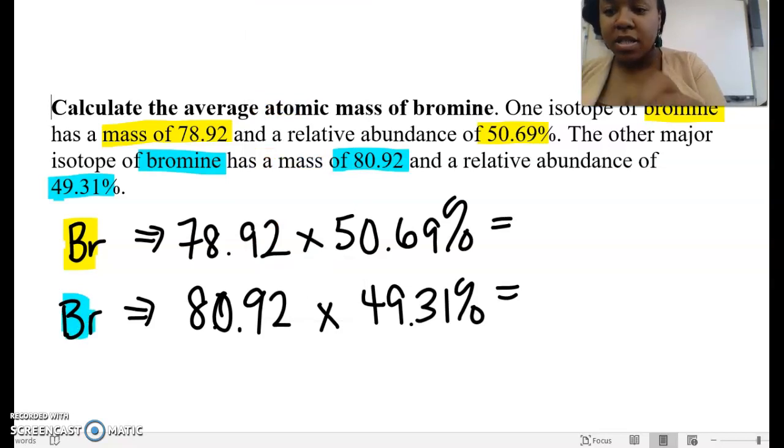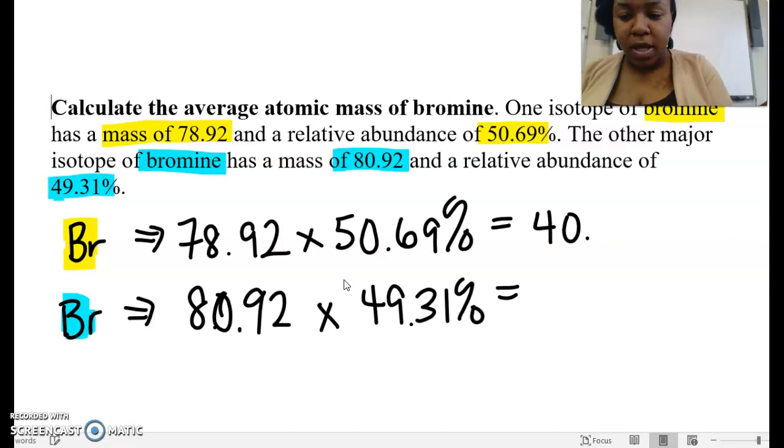Okay, so let's do some math. We have 78.92 times 50.69%. That gives us 40.00.